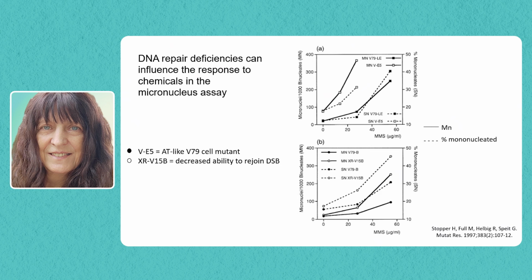And you can see that the induction of micronuclei not only starts at a higher level, but the cell line is also more sensitive, so the line goes up steeper. Here also the same. So at least some types of repair deficiency can lead to an increased sensitivity in the micronucleus test.